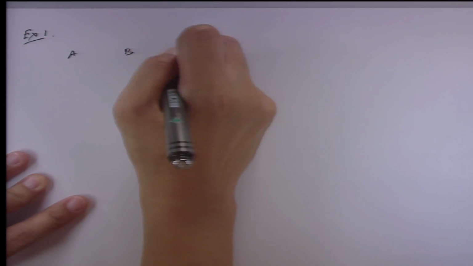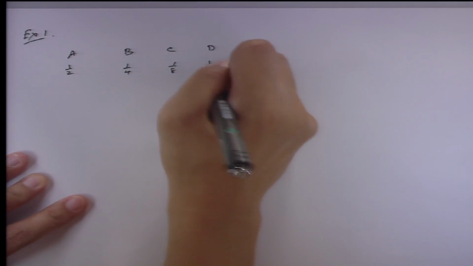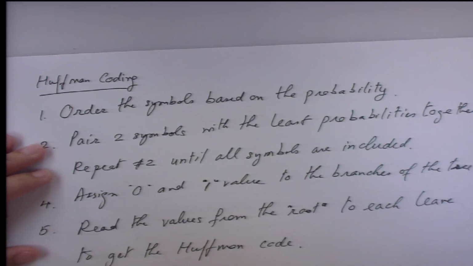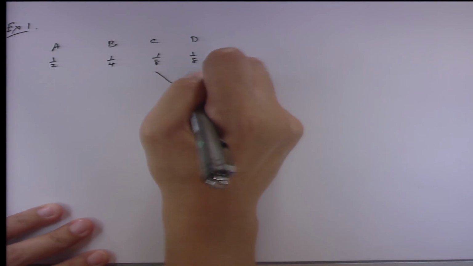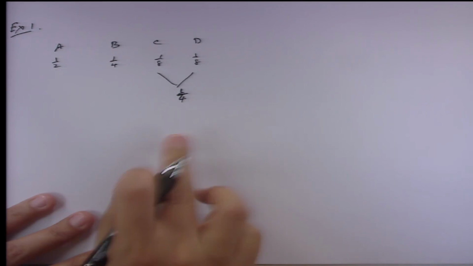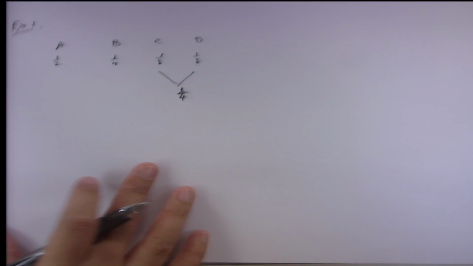Now, pair two symbols with the least probabilities together. So which ones have the least probability? This one and this one are paired together to get 1/4. You add the probabilities.